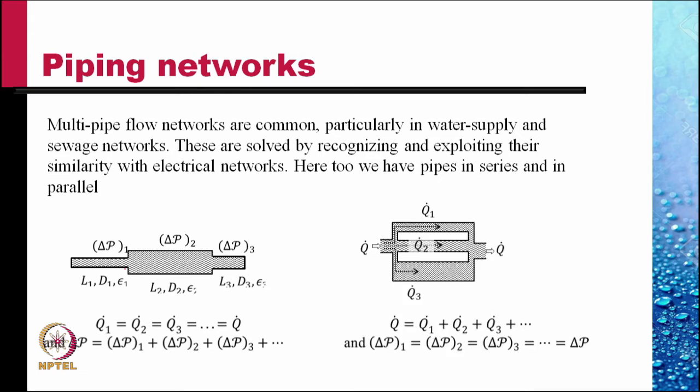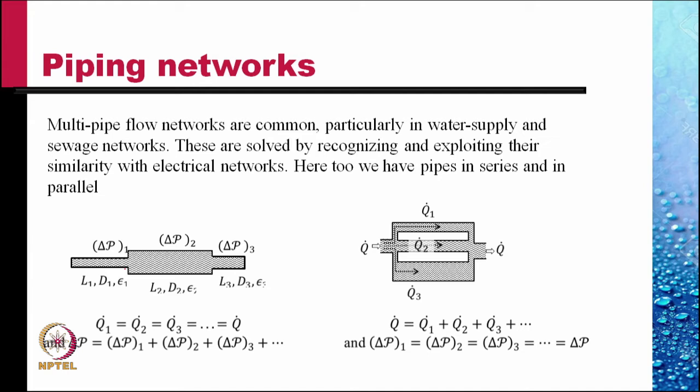Similarly, a parallel network. Here, the total volume flow rate Q dot flowing through the system is equal to Q1 dot plus Q2 dot plus Q3 dot, just like currents in a parallel electrical circuit.